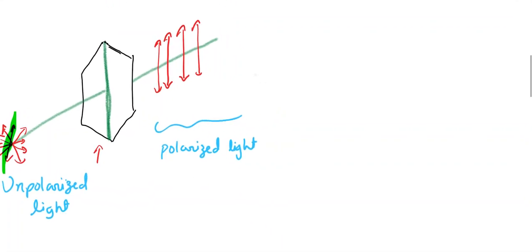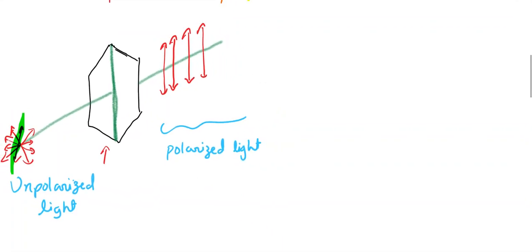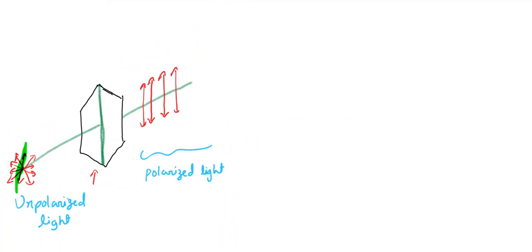Now what if I allow the polarized light to pass through one more tourmaline plate? So let us consider one more tourmaline plate in such a way that its optic axis is oriented along some different direction.